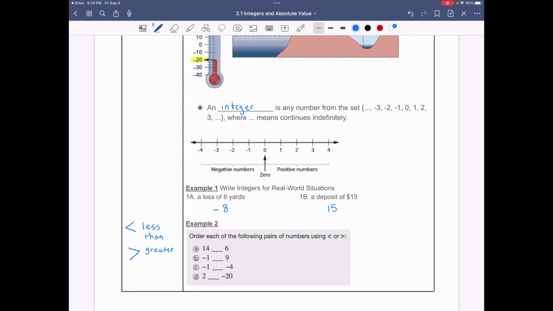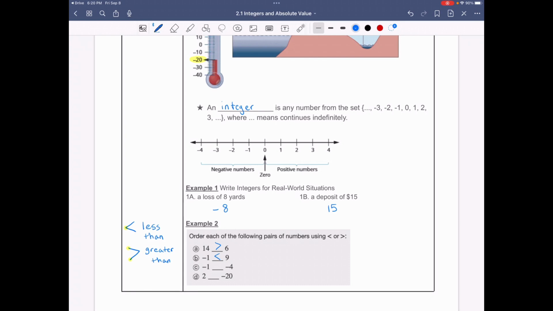The way that I remember these is that less than starts with a little point, and greater than starts with a big opening of 2 points. All right, so which one is greater? For 14 and 6, 14 is greater than 6, so we would use the greater than. Negative 1 is less than 9, so we use the less than.